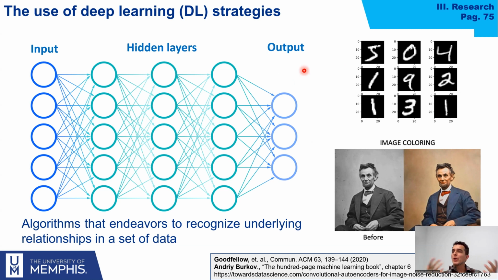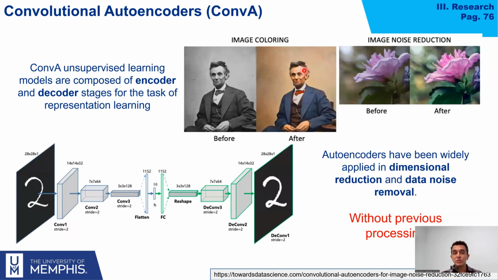So there are several kinds of deep learning models, but we are interested in a specific deep learning model called the convolutional autoencoder. Convolutional autoencoders are unsupervised learning models that are composed of two parts, the encoder part and the decoder part.